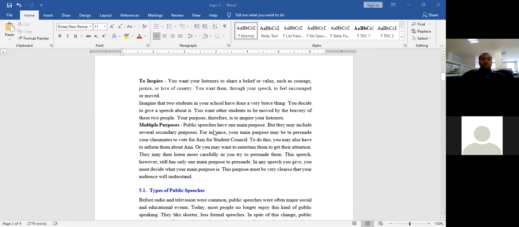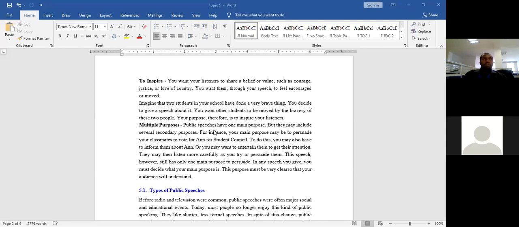We also use them for multiple purposes. We can use a public speech for multiple purposes. For example, during an election, you'll find somebody like the deputy president, Ruto. He has a main purpose. Maybe the main purpose is to do what? To create kazi kwa vijana. That is the main purpose.